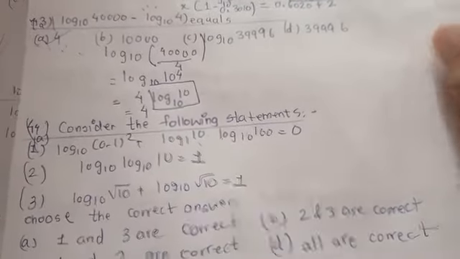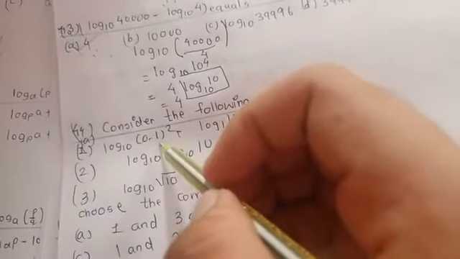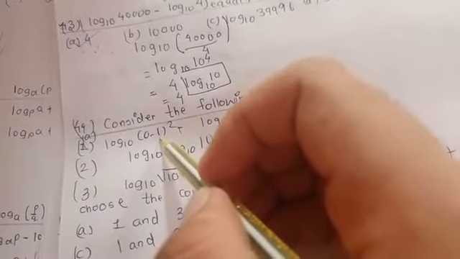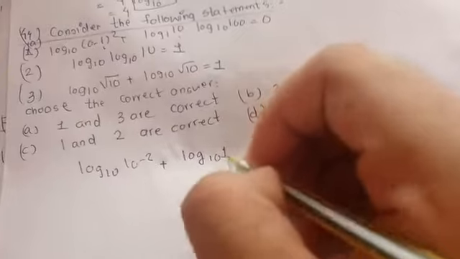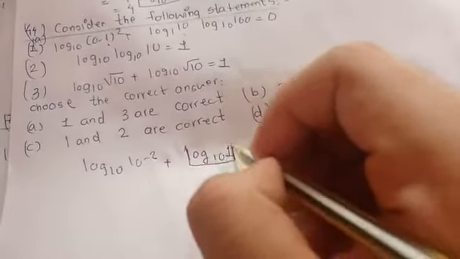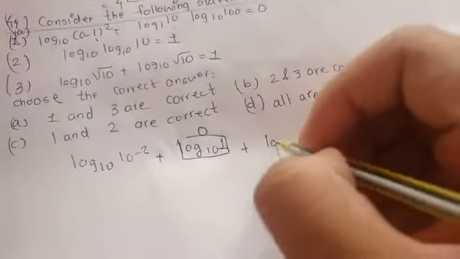Now in this question we see that 0.1 is equal to 10 raised to minus 1. So we can write this as log to the base 10 of 10 raised to minus 2. This expression is log to the base 10 of 1. Anything to the base 10, log 1 becomes 0. So the answer of this expression is 0 plus.